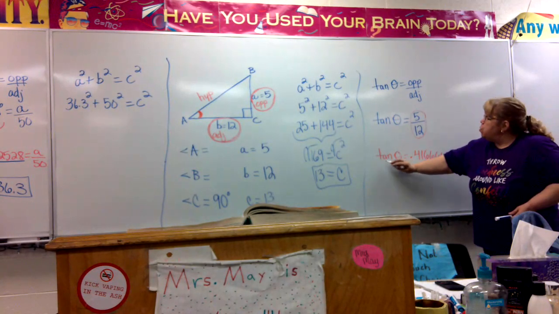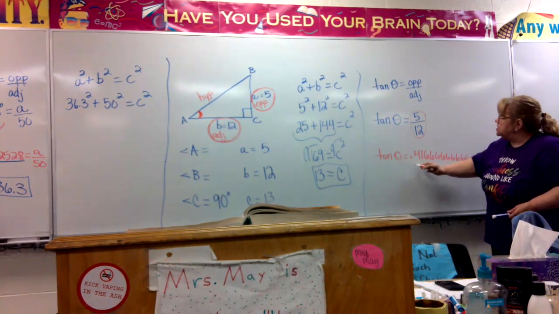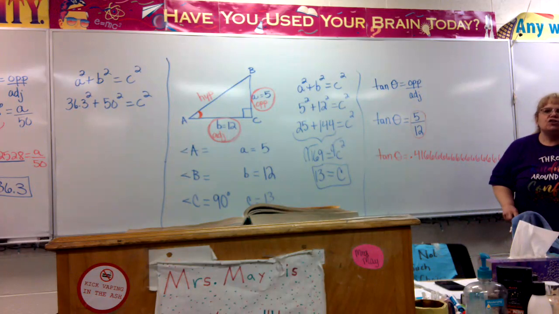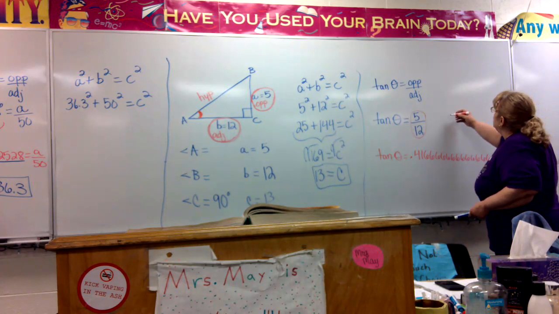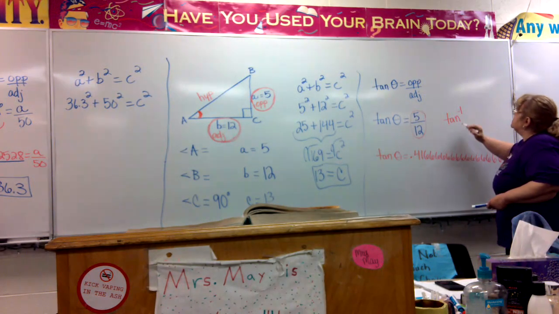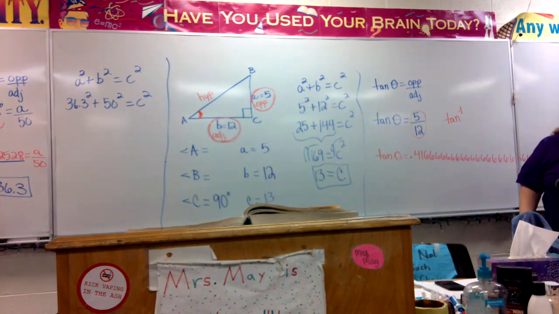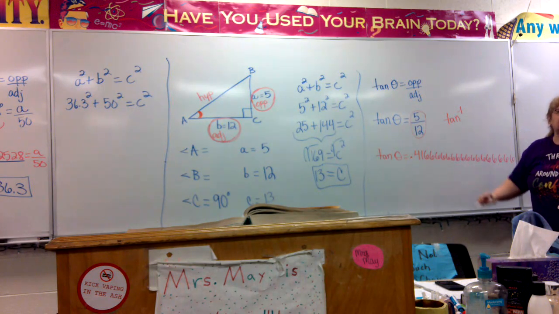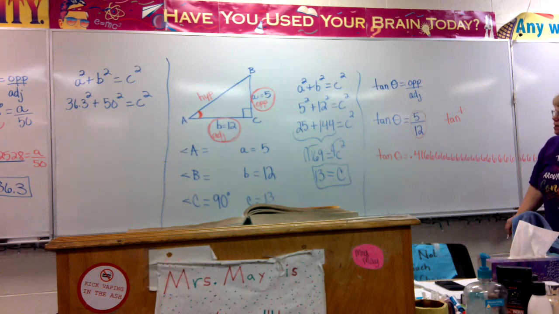I want to know what angle has a tangent of 0.416 repeating forever. So on your calculator, you're going to have to use the shift tangent or the inverse. Remember, that little -1 means inverse.